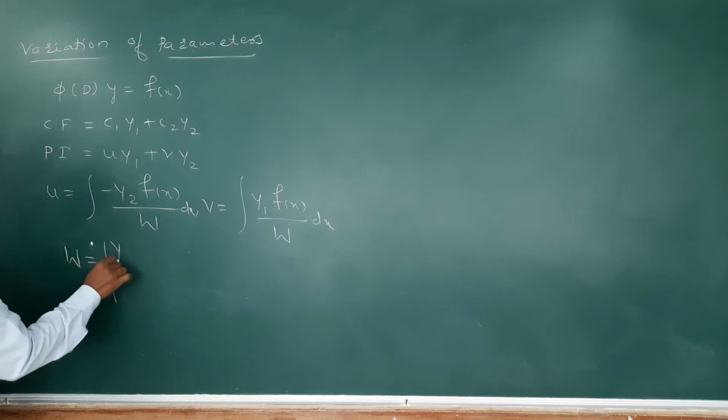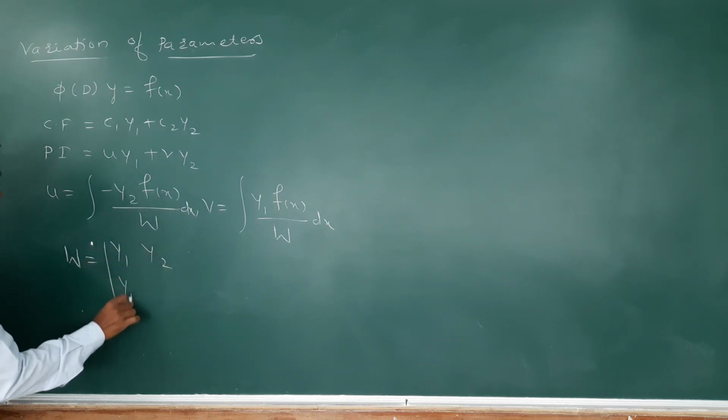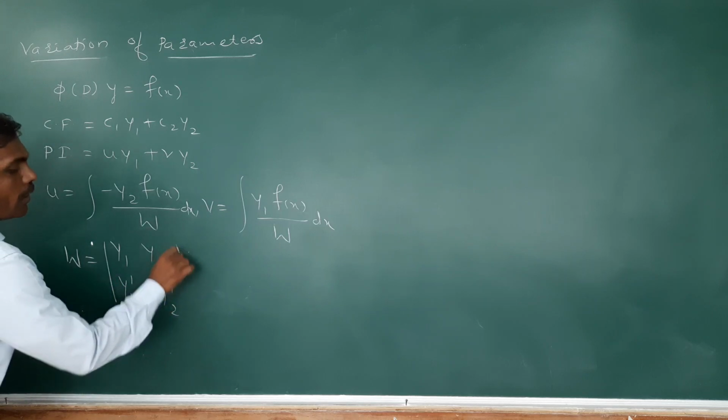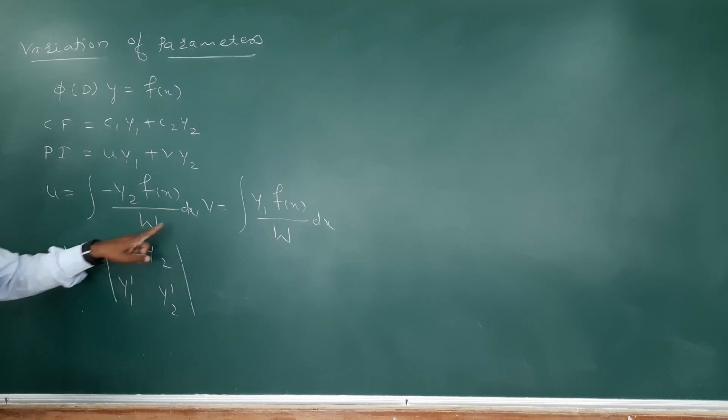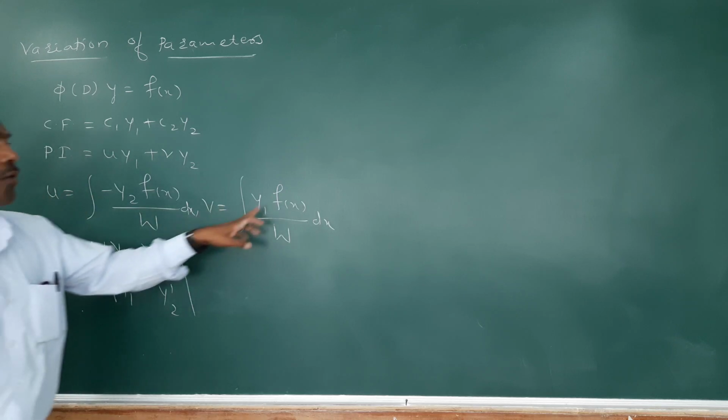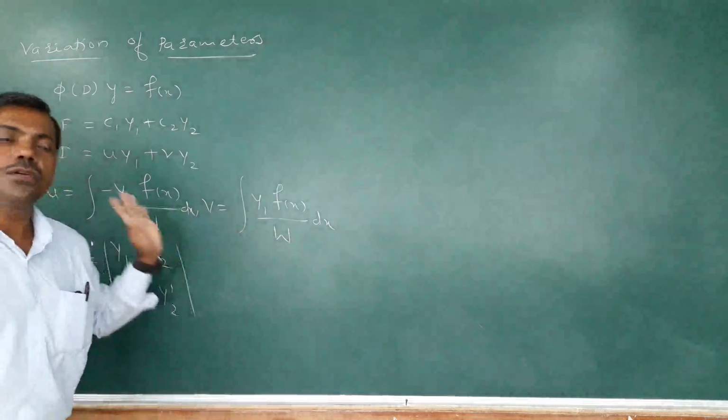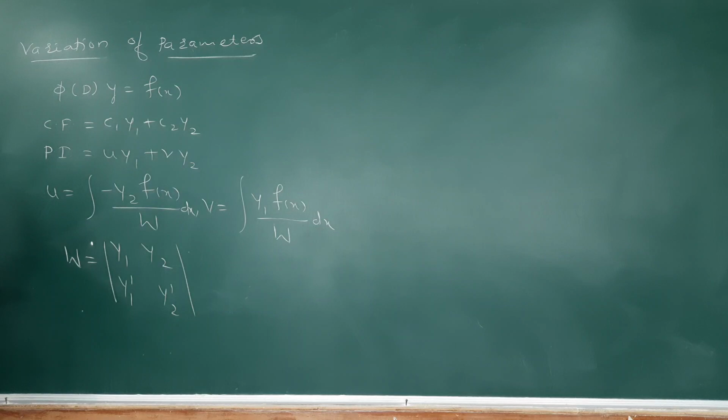So w is equal to the determinant of y1, y2, y1 dash, y2 dash, and we can solve this determinant, right? This is our simple procedure. Minus y2 f of x upon w dx is u, y1 f of x upon w dx is v. You have to keep that in your mind for second order linear differential equations using the variation of parameter method.